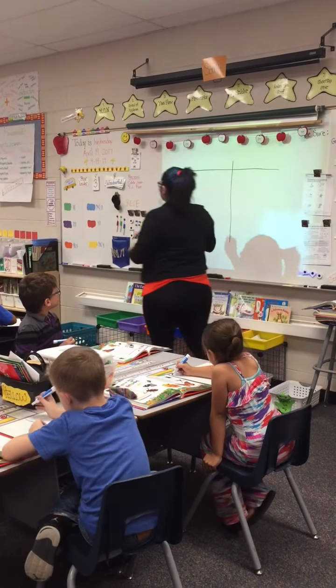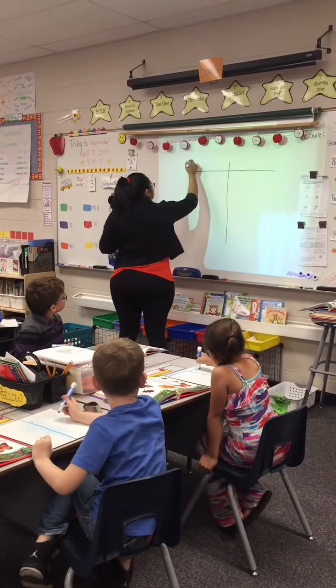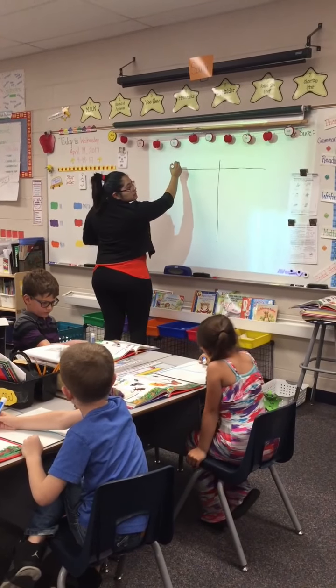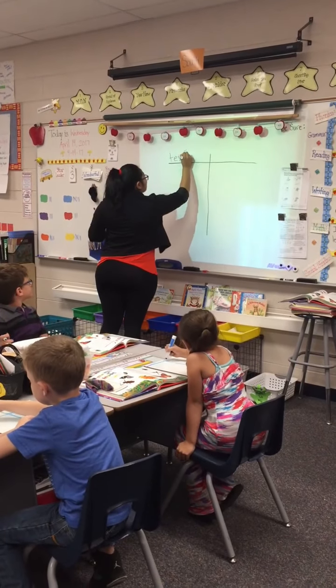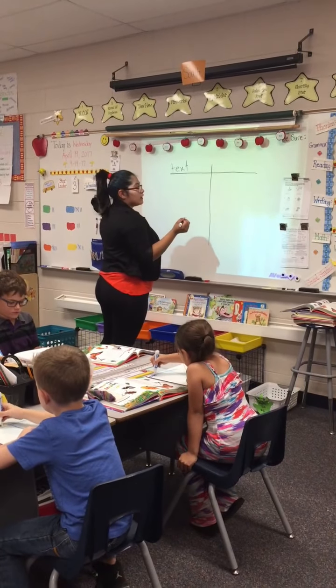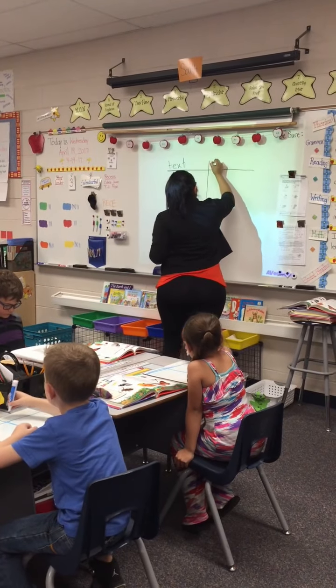In one column, we're going to be looking at text features, so I'm going to write text on that one. And on the other one, we're going to be looking at graphic features.